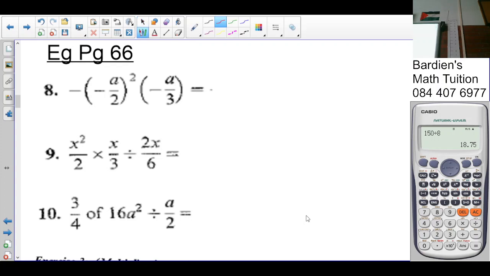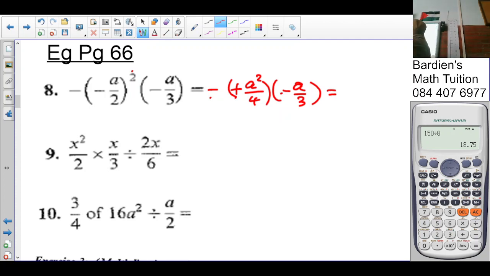Firstly, we need to sort out our exponent, our bracket there. So it's negative, open brackets, negative squared will be positive. 2a squared over 2 squared, 4, into negative a over 3. Negative times positive, negative.